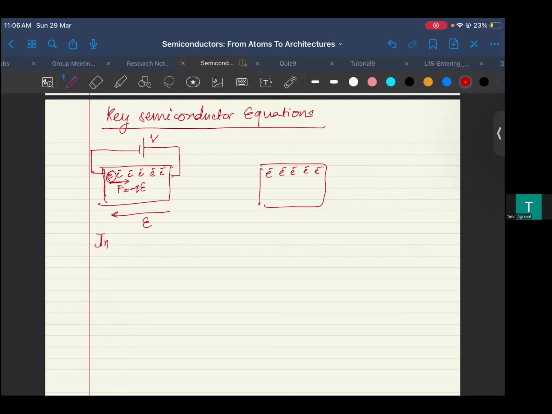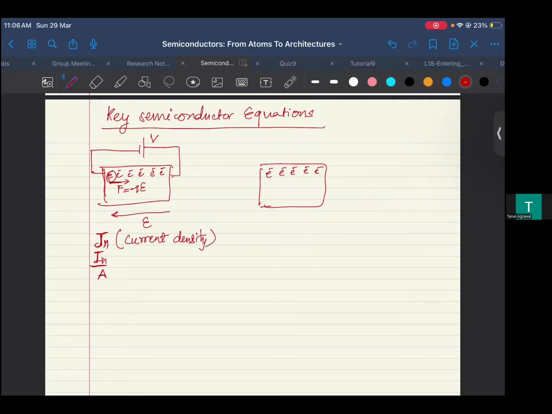And this Jn is what we call the current density. Density means the current, which is the charge flow per time, divided by the cross-section area we are looking at. So that is your current density, one way to make electrons flow.